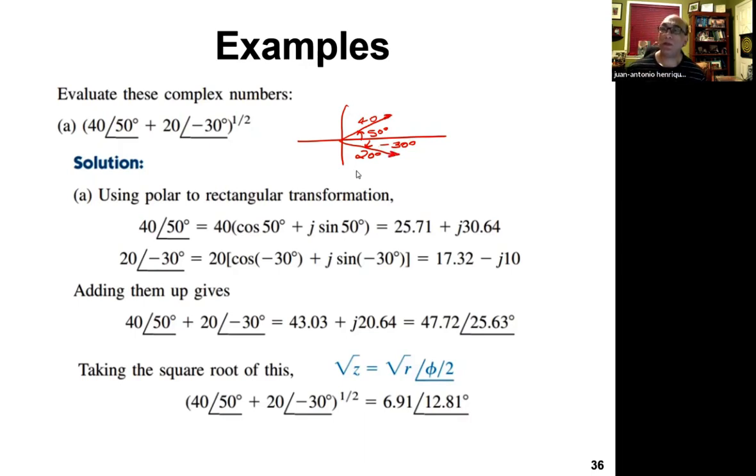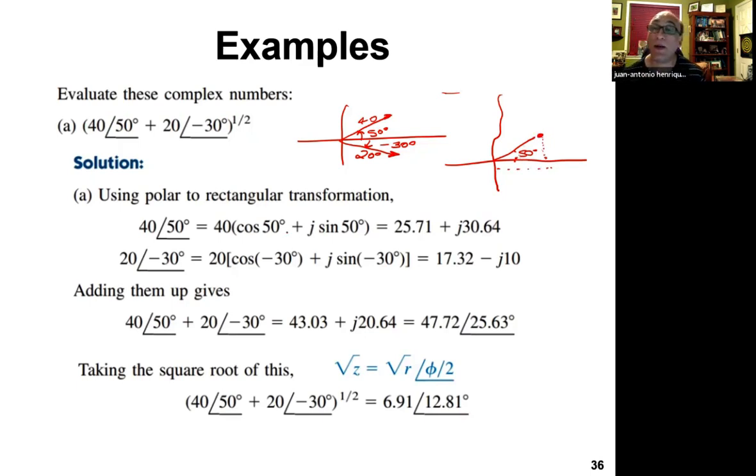So what we're going to do is look at the components of this 40 amplitude and angle of 50. Sorry about that wiggly line, but we have a 50-degree angle, and what we want to know is the component along the y-axis and the component along the x-axis, so that we can find that point in rectangular form.